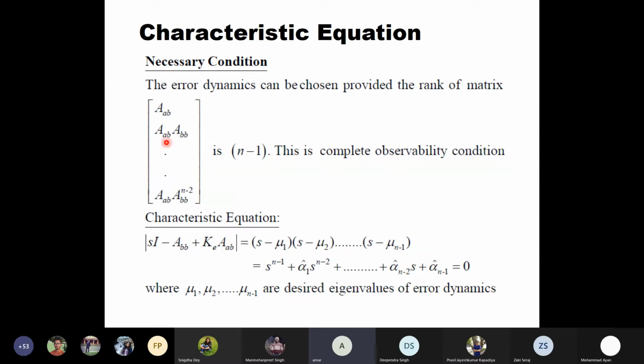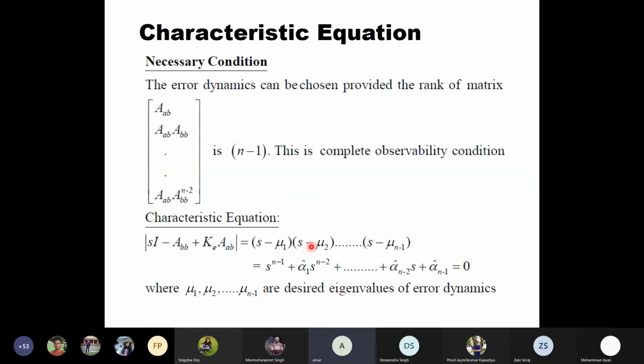So this is the observability condition which has to be checked before finding the reduced order observer gain. The characteristic equation, det of SI minus ABB plus KE AB, should be equated to the desired locations of the poles, which are mu 1 to mu n minus 1.